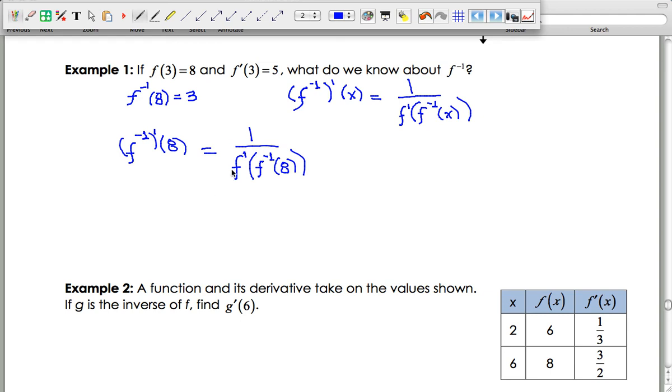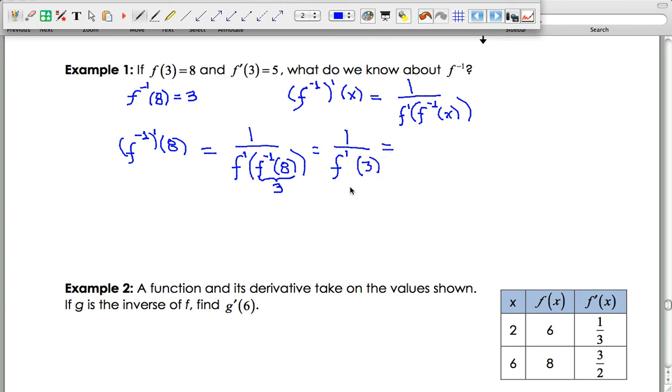But we know that that little bit is nothing but 3. So this is the same as saying 1 over the derivative of our main function assessed at 3.